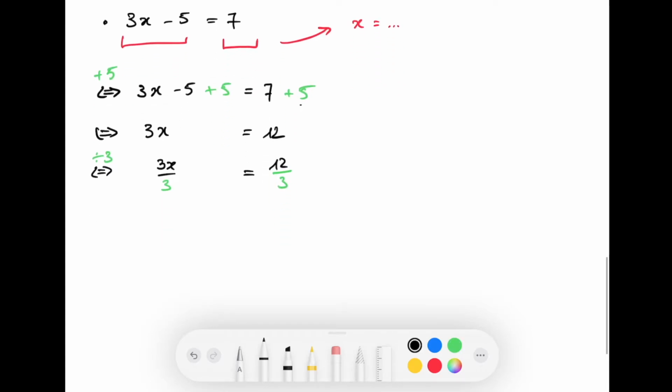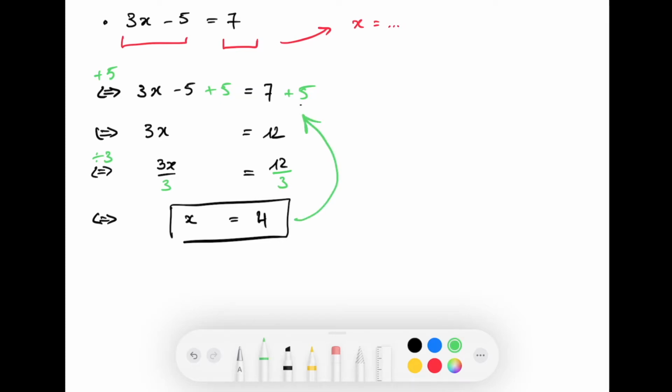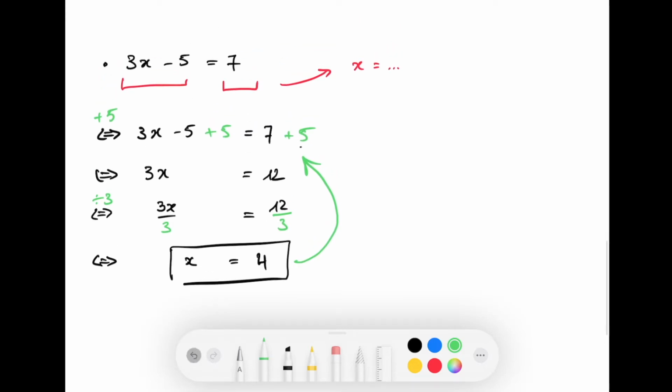And this yields our answer directly, which is x is equal to 4. Quite straightforward, right? So now again, to see if we made any mistakes, we substitute x is equal to 4 in our original equation, which is here. And we see if we indeed get, well, an equality.